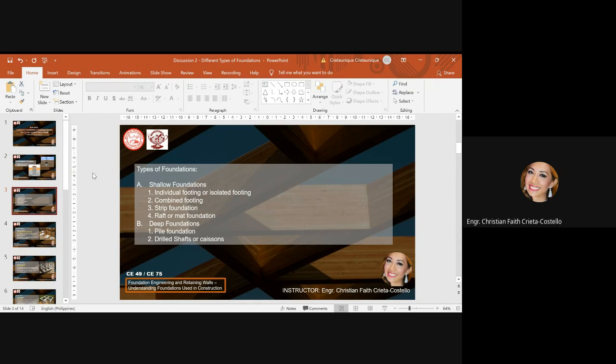Now we have to know what are the types of foundations. So under each classification of foundation, there are several types that belong to each classification.